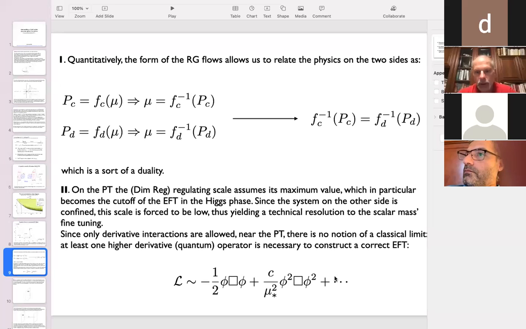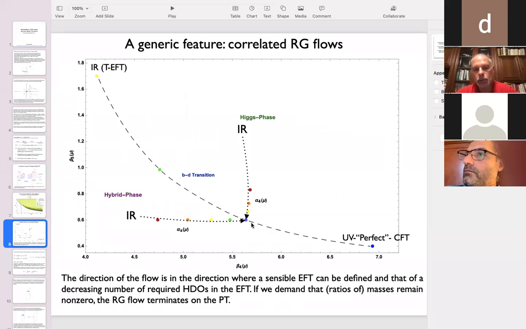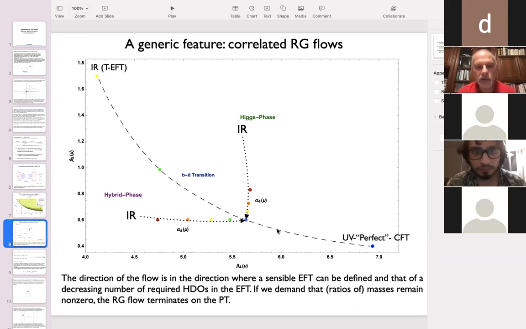Of course, you can add higher and higher derivative terms, and this just has to do with the fact that you can have more RG flow lines. And now notice another very interesting property: if you start plotting RG flow lines, they will end up with a UV value of the cutoff which will be different for different points along the phase transition.